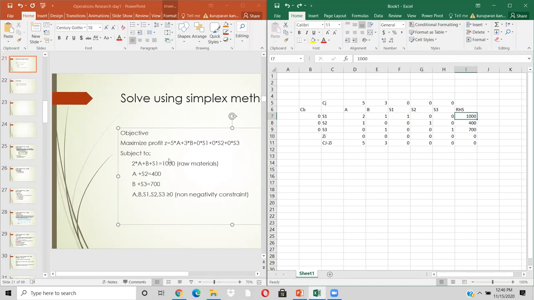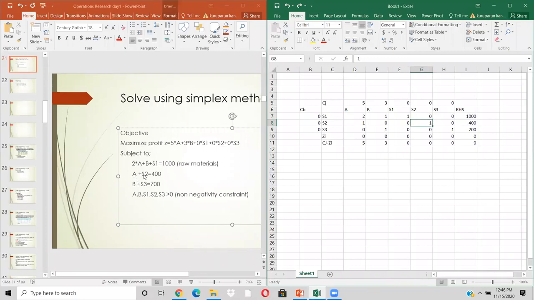RHS means the value on the right hand side. That's 1000. Similarly, for the second constraint, what is the coefficient of A? That's 1. B is 0. S1 is 0, there is no S1.